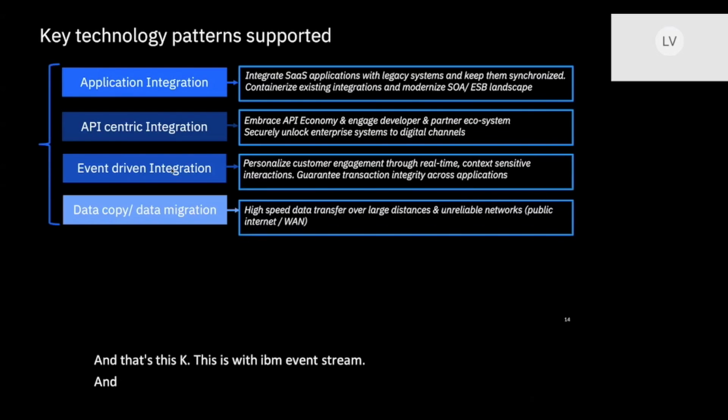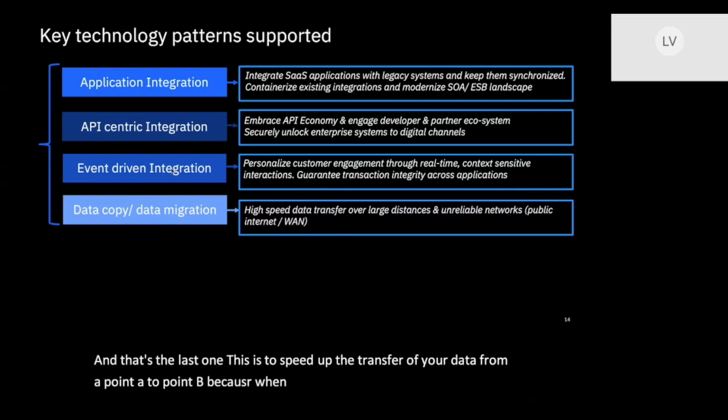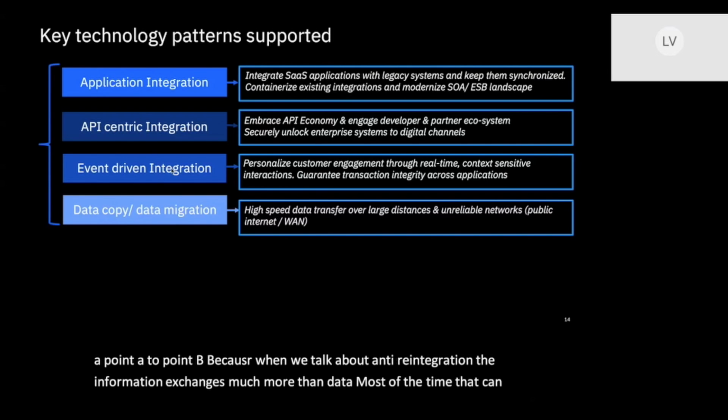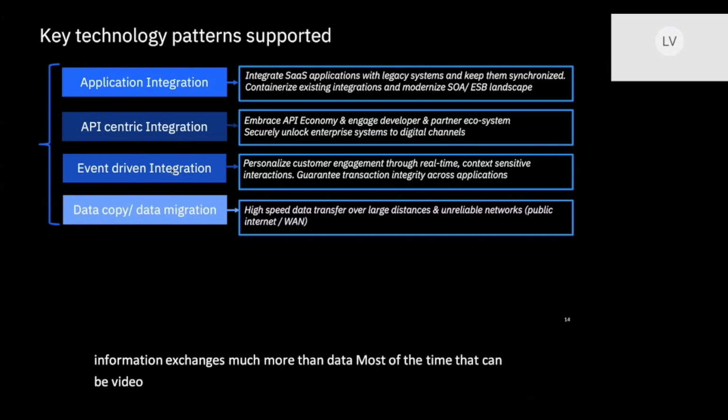This is to speed up the transfer of your data from a point A to a point B, because when we talk about integration, the information exchange is much more than data most of the time. That can be video, picture, sound, I would say heavy information.